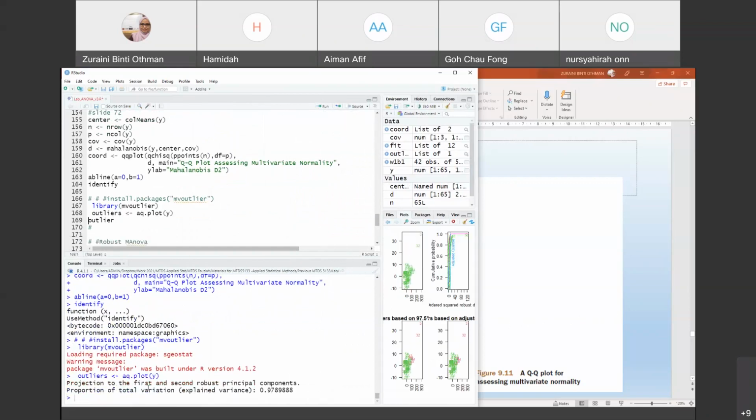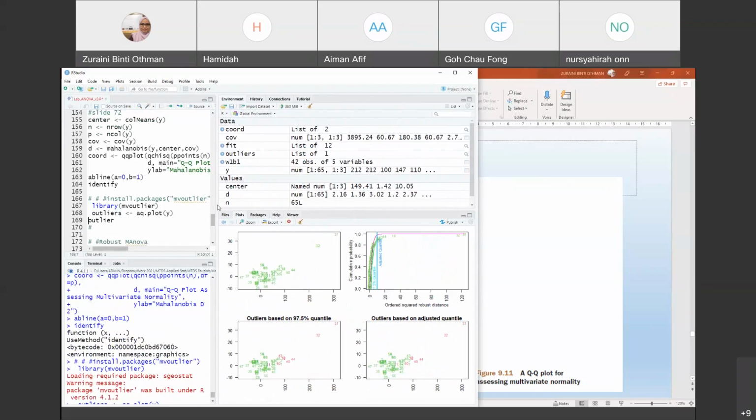There is the first and second component, the function total. Now this is the graph of outliers.